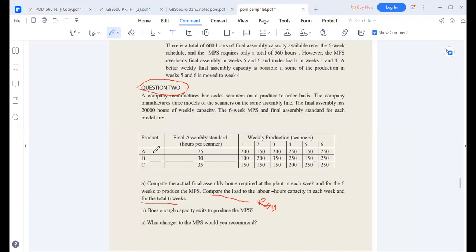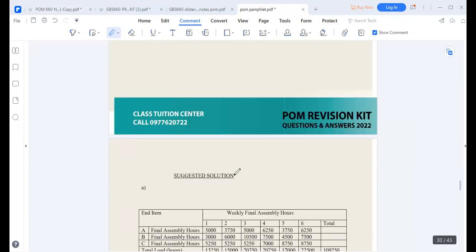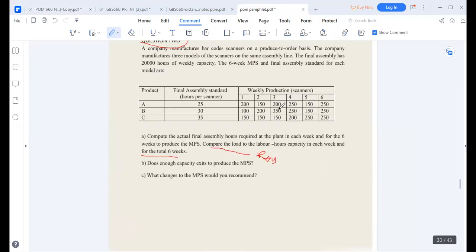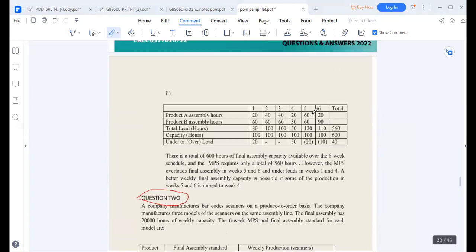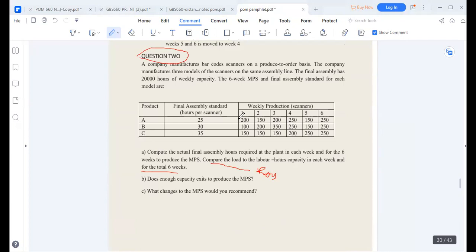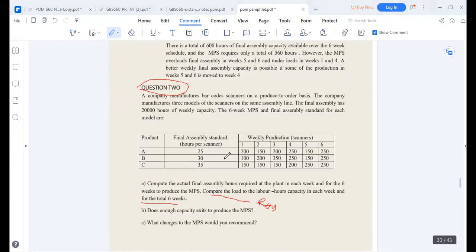So the loading of hours will be as follows. The most important thing here is the final assembly standard hours per scanner. Scanner A takes 25 hours, scanner B takes 30 hours, and scanner C takes 35 hours to produce.